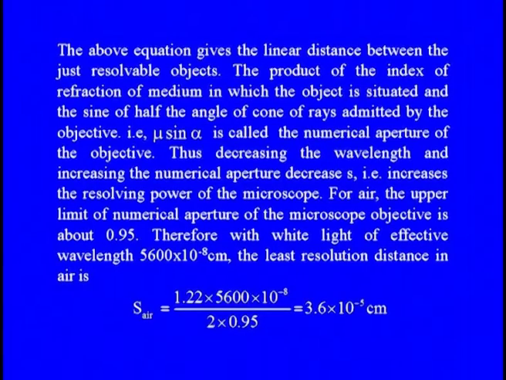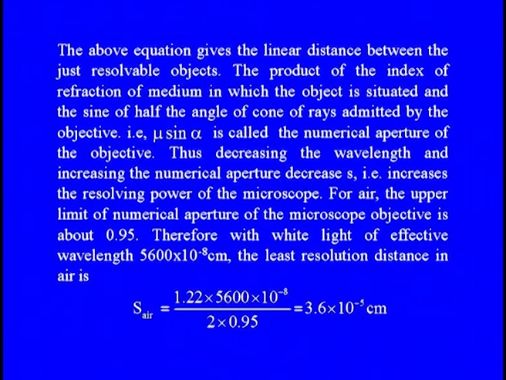The product of the index of refraction of the medium in which the object is situated and the sine of half the angle of the cone of rays admitted by the objective, that is mu sin alpha, is called the numerical aperture of the objective. Thus, decreasing the wavelength and increasing the numerical aperture decrease S, that is, increase the resolving power of the microscope.